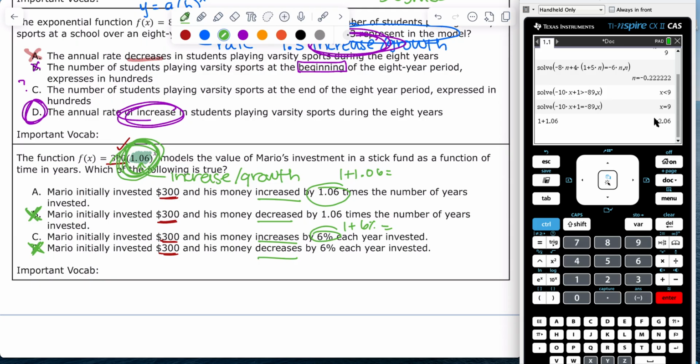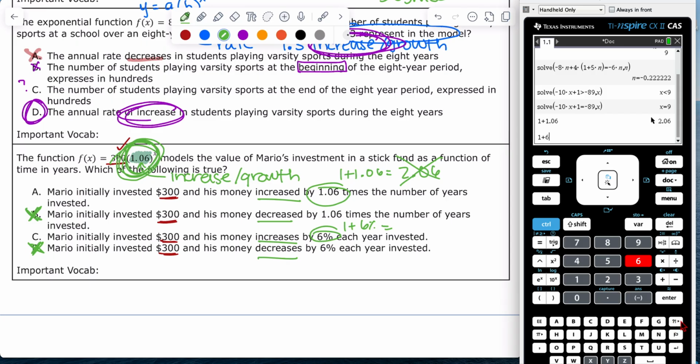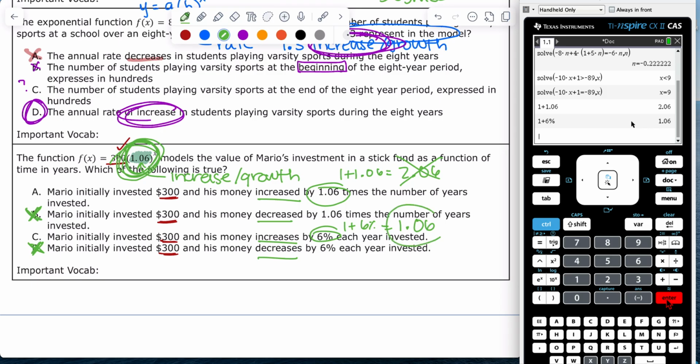Enter. That gives me 2.06, which is not the same. Now, if I put in the next one, 1 plus 6, to get that percent symbol, we're going to use this symbol right here on the calculator, and we're going to press %. Control, enter, and that gives me 1.06, which is the same as this number. So C would be my answer.